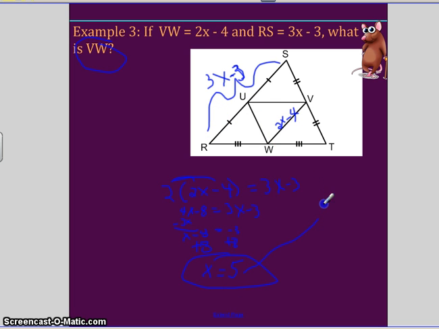So we've got to take that 5 value and plug it right back into our original expression. So we're going to have 2 times 5 minus 4. So 10 minus 4 is going to give us 6 for this. And then if we wanted the full length of that, for the third side, it would have to be 12. We're done.